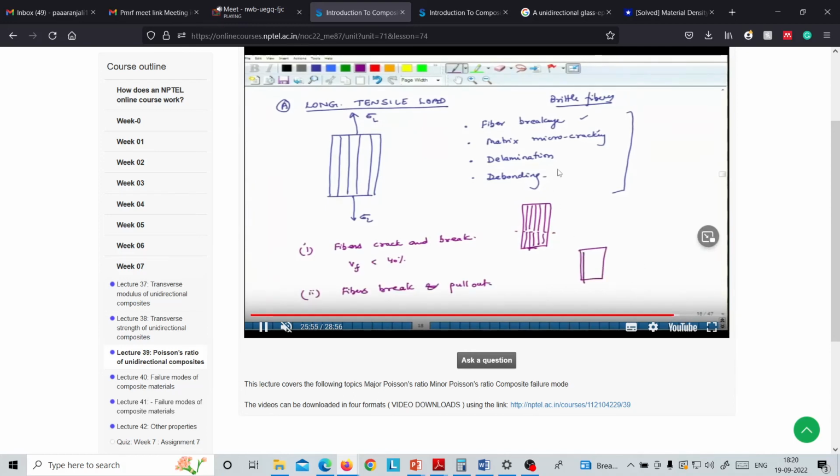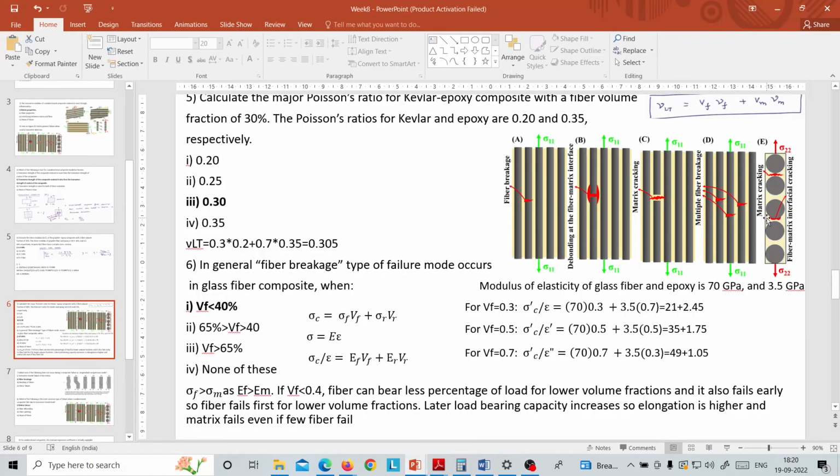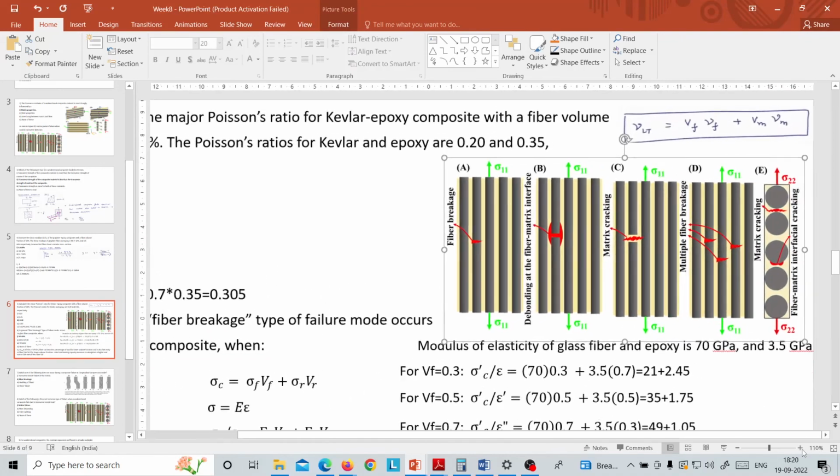Yeah, see, fibers break and pull out. Pull out means the interface between matrix and fibers is breaking, right? Pull out means this interfacial adhesion, which is shown in this particular figure.